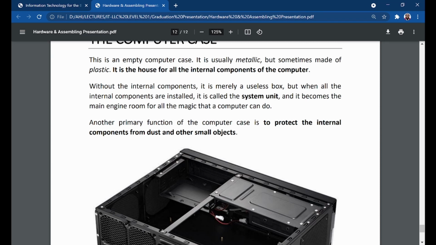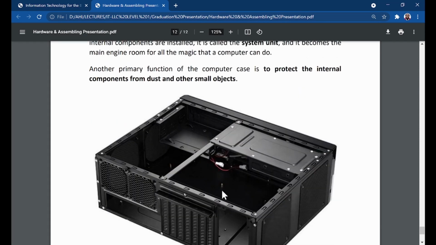But when all the internal components are installed, it is called the system unit. And it becomes the main engine room for all the magic that the computer can do. So when there's nothing in it, it is just a box. But when you put all the components in, it becomes a powerhouse for all that the computer can do.